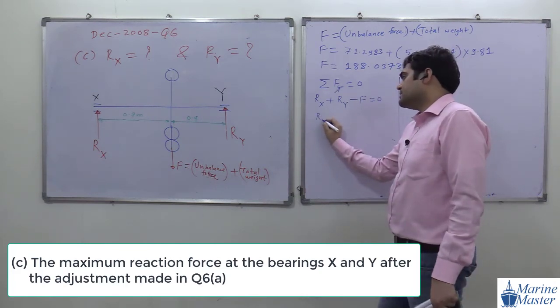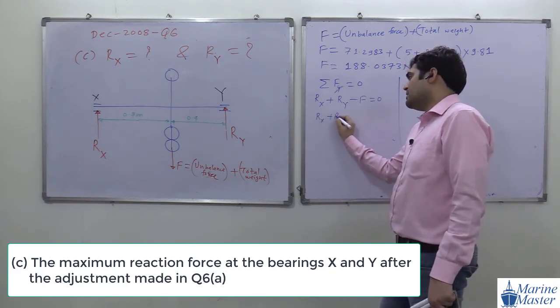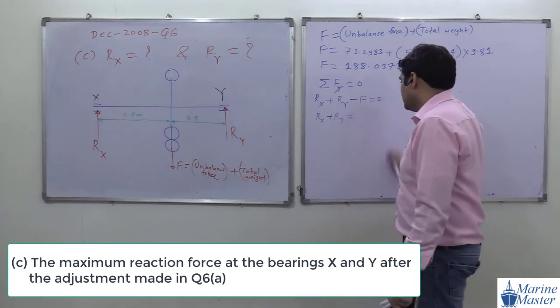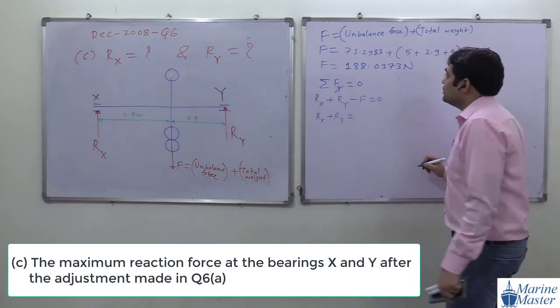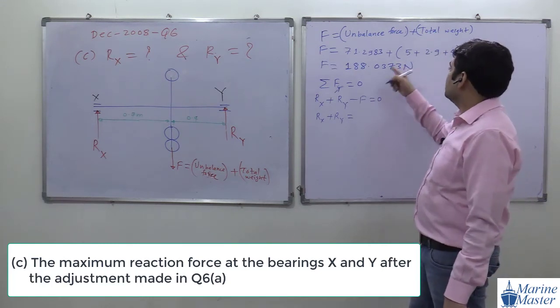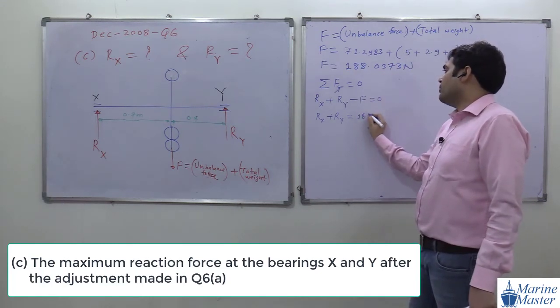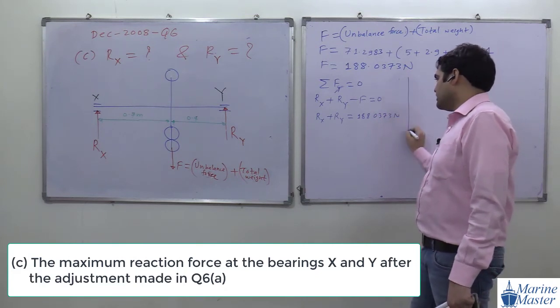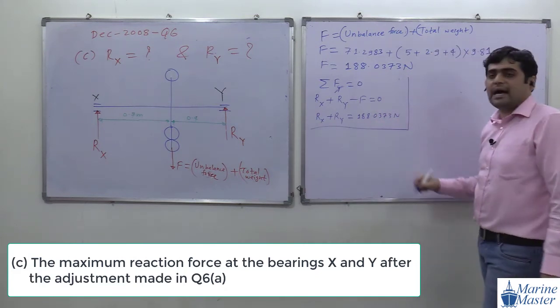So Rx plus Ry will be equal to F, and the F value is 188.0373 Newton. Okay. So we got Rx plus Ry.